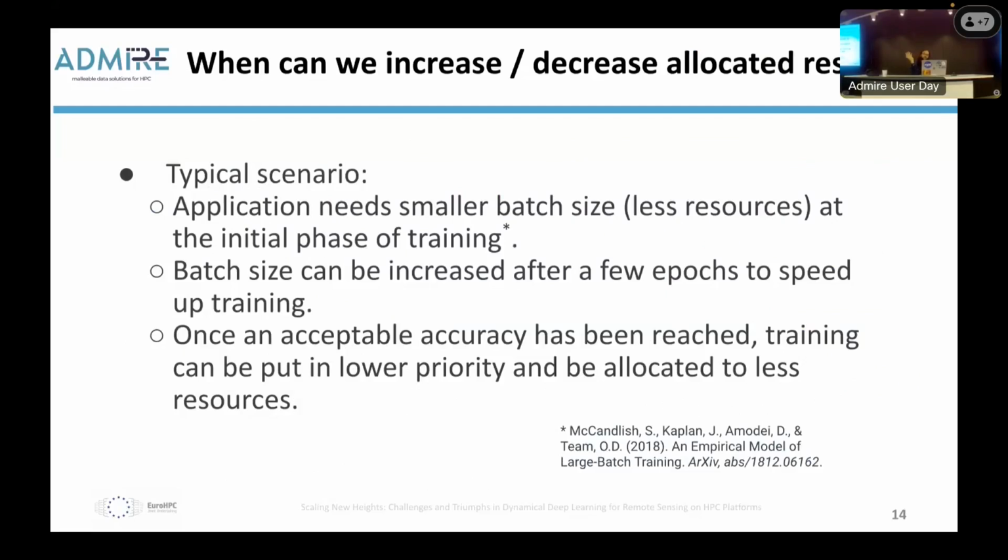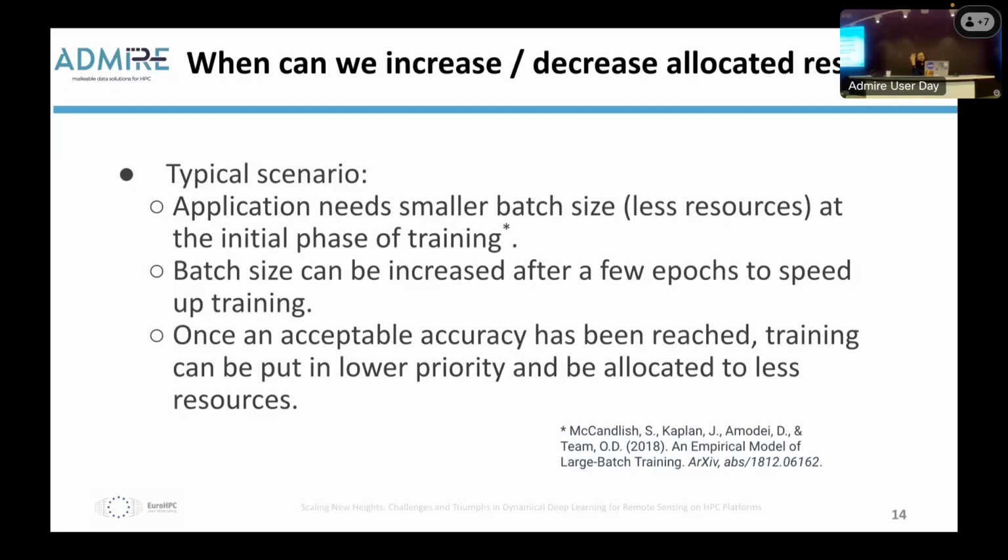And that might be interesting also in terms of deciding how many resources we should allocate, because it means that we can use fewer nodes at the beginning. And then after a few epochs, we can increase the batch size, and we can do that by allocating new nodes, for example.